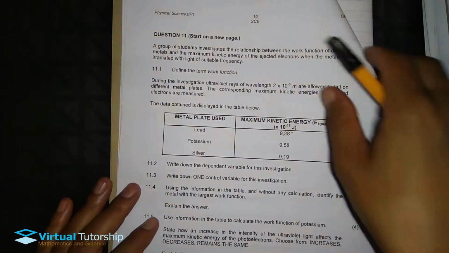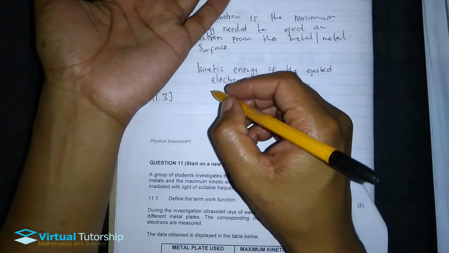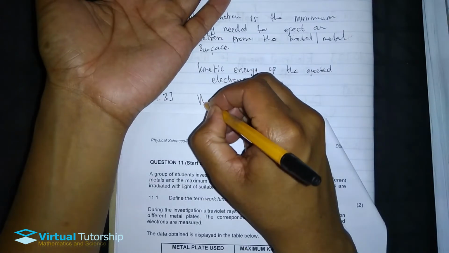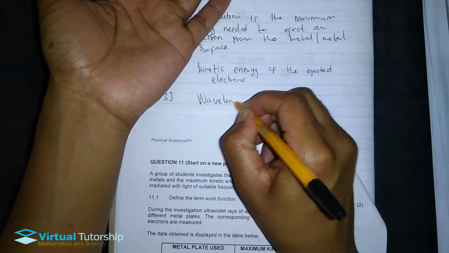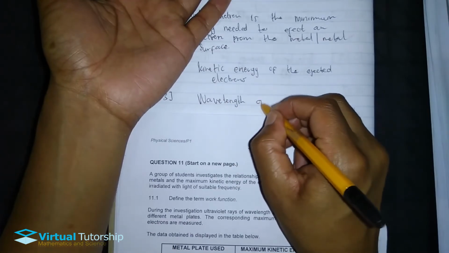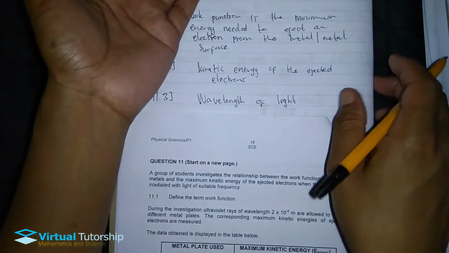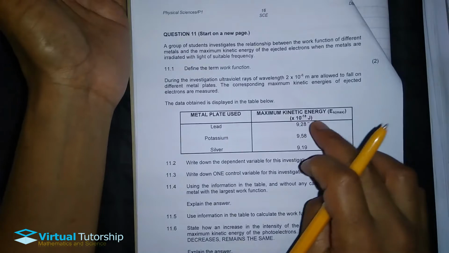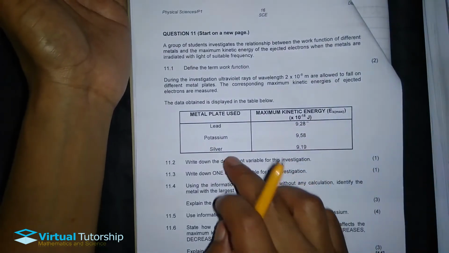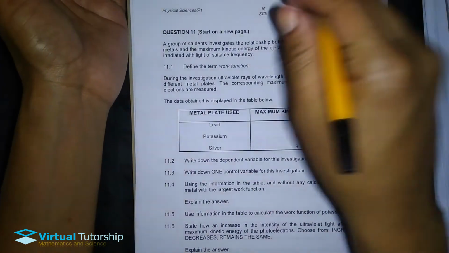So the controlled variable here is the wavelength of light. I can control the wavelength of light, but I cannot control the results because they are dependent on the controlled variable.